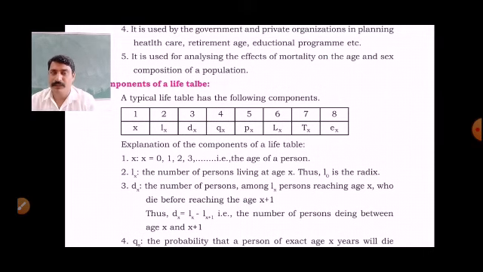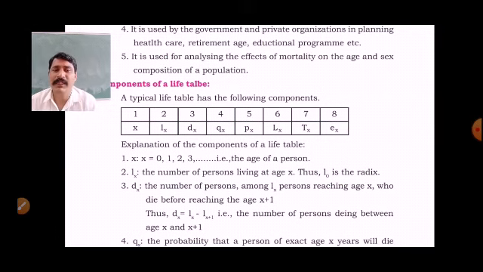Then age 1, after 1 year, l1. If any newborn baby died during the year, we reduce them and write how many are existing. So here, out of 1 lakh, suppose 100 children have died. So 99,900 we mention in l1. Likewise we go on reducing, how many persons are dying.